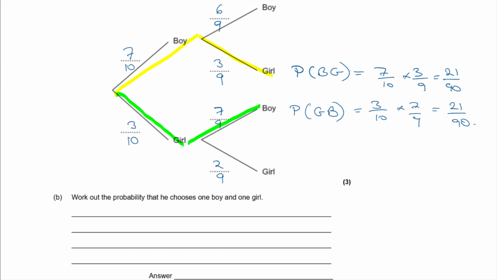So anyway, the probability then of 1 girl and 1 boy, that's the probability of boy girl plus probability of girl boy, because in probability or generally means add, which is 21 over 90 plus 21 over 90, which is 42 over 90, and that is my final answer, 42 over 90.